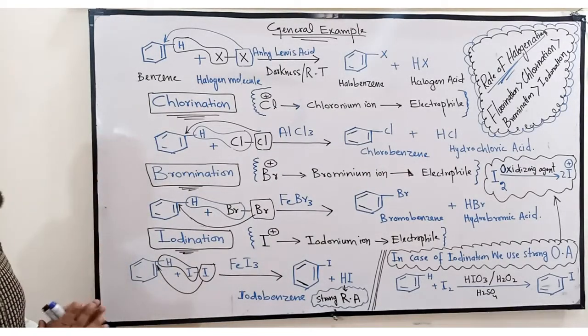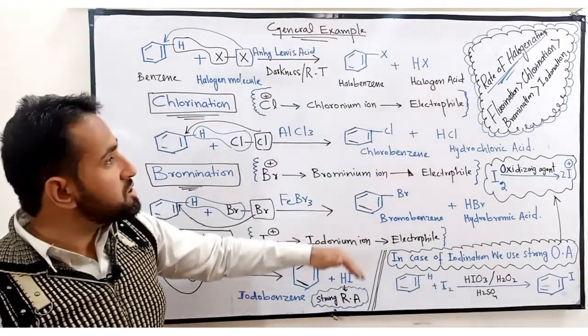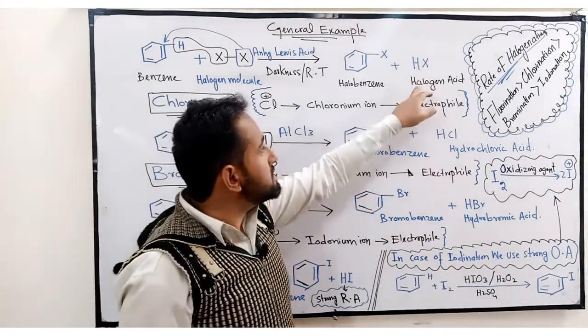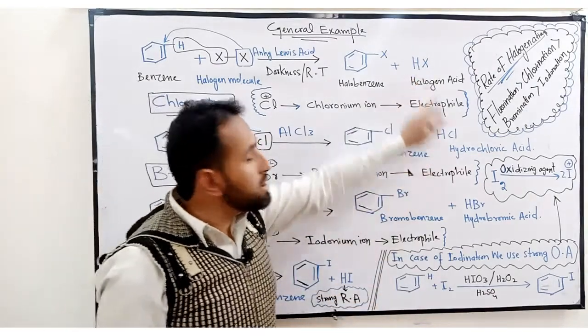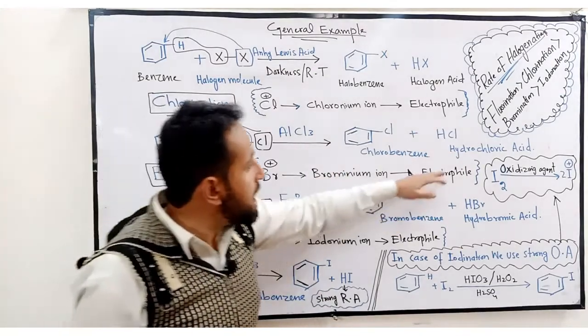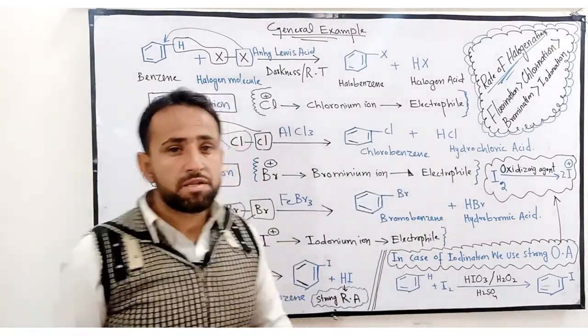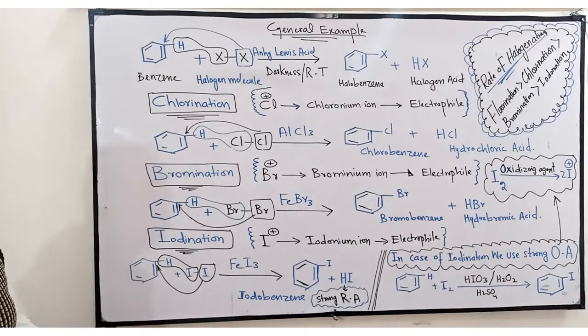With chlorobenzene, another product is the halogen acid. X again represents halogen. If there is a chlorine atom with a hydrogen atom, then the particular name of the halogen acid is hydrochloric acid. Understand? In the case of chlorination, what is our electrophile?